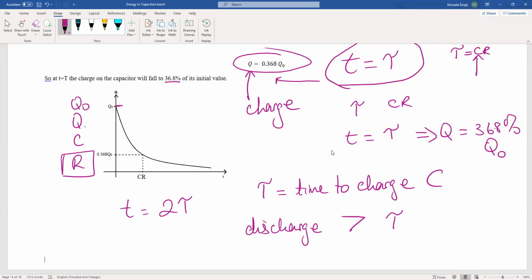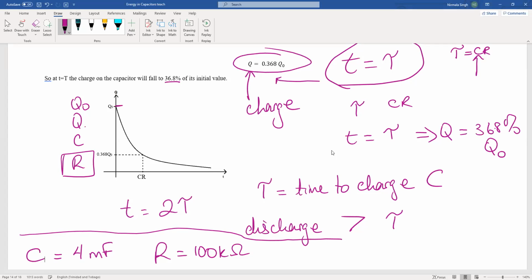Now, of course, when we do a lab, there's a very easy way to discharge a capacitor, an instantaneous way. Think about if I had a capacitor where the capacitance is 4 millifarads, and my resistor was 100 kilo ohms. Anybody want to tell me how long this capacitor will take to charge, considering the time constant is equal to CR?